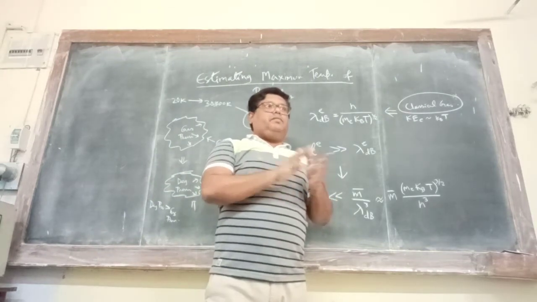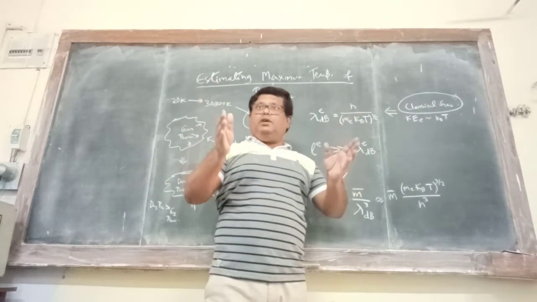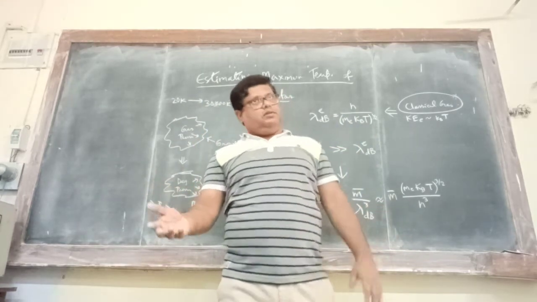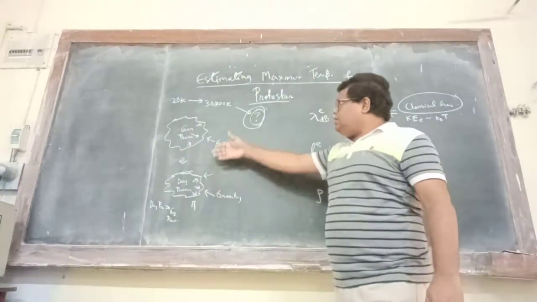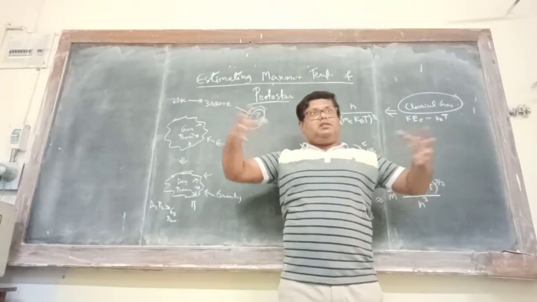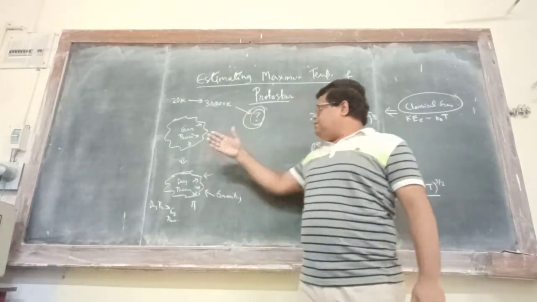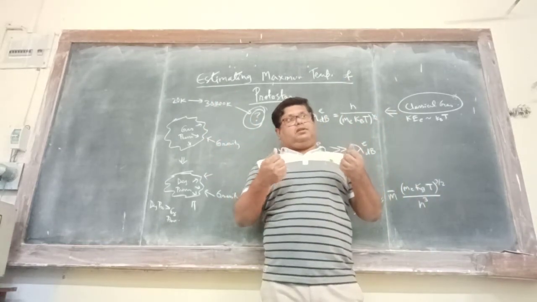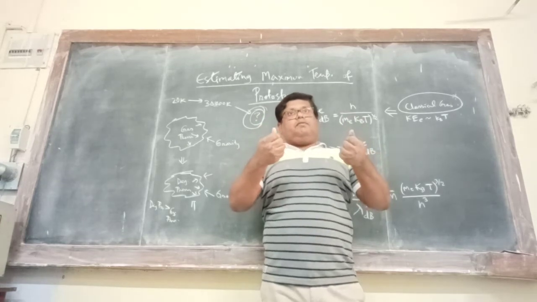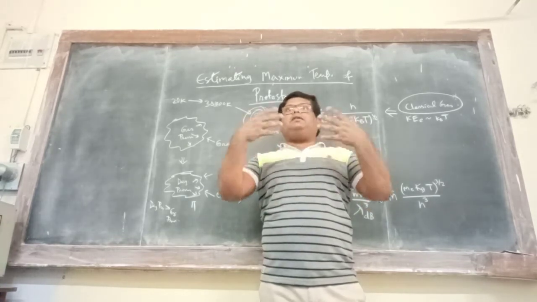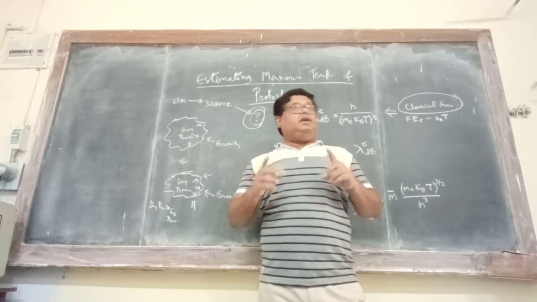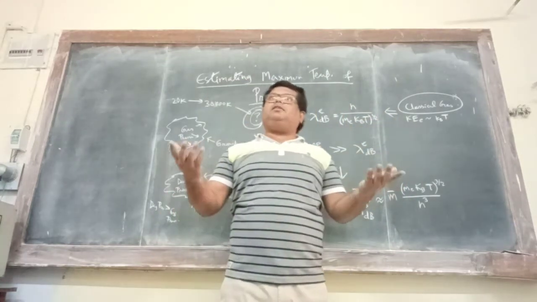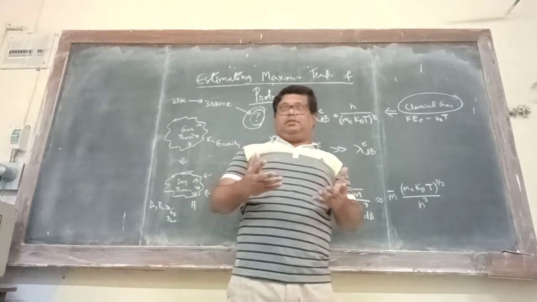Because the distance between two electrons or two atoms was much larger than their de Broglie value. But as the system size keeps on decreasing, there is the possibility that two electrons come very close to each other, so that their separation becomes close to their de Broglie wavelength, and then we can no longer consider them as classical gas, because actually they are quantum particles, so it will be a quantum gas.